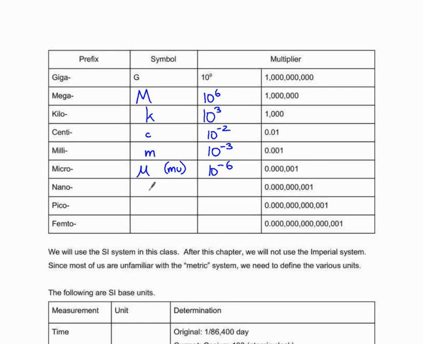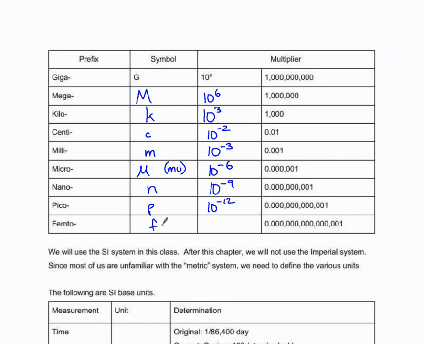Then we have nano. That's a lowercase n. You'll hear this like nanotechnology or nanometers in terms of light. And this is going to be times 10 to the negative 9th power. Pico, lowercase p, this is times 10 to the minus 12th.